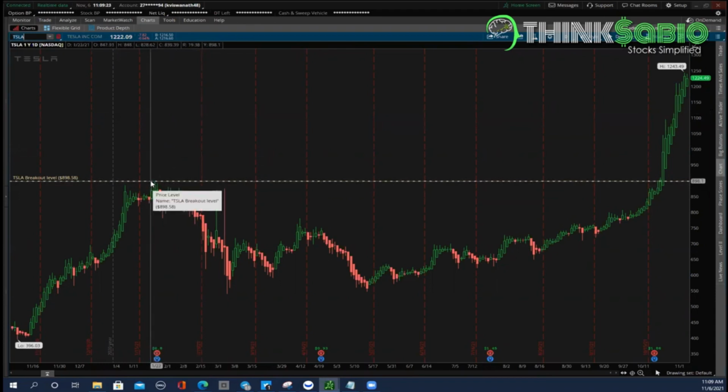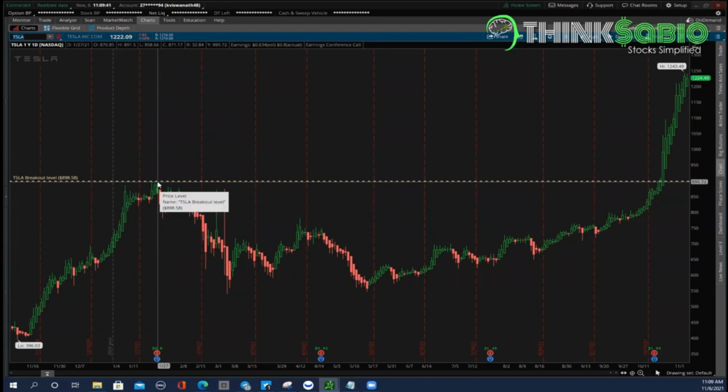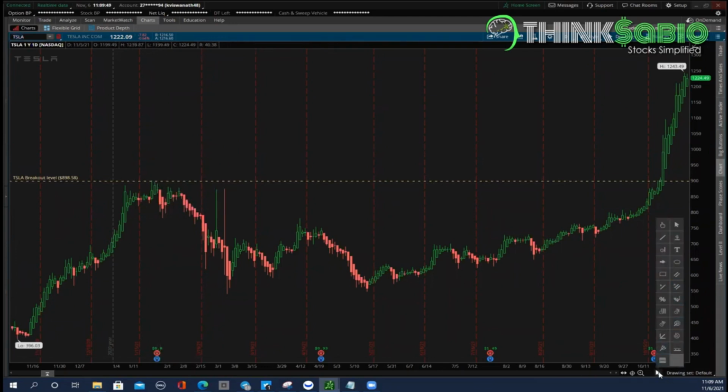Then there is more supply at this point. There are buyers, but they're not bidding it up to 899. They are trying to buy Tesla under 898. This line here is called resistance, or you can say this is a supply zone. So what I do here is go to the drawing tools and select this rectangle.